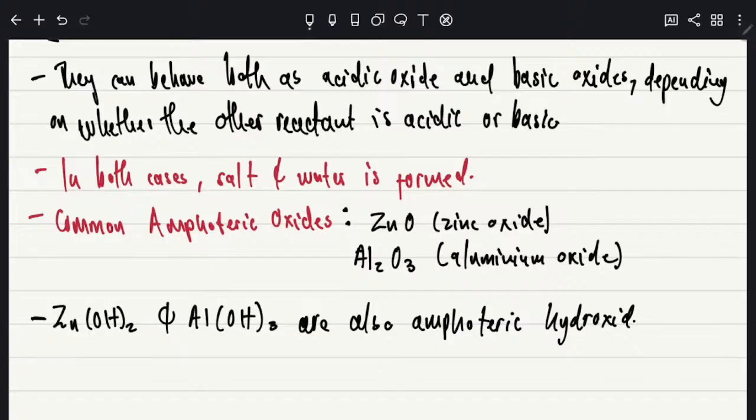Their hydroxides are also amphoteric? Yes. They can behave as a base? Yes. And as an acid? Yes. That's a lot, but you have to know these ones, the oxides. They can behave as a base or as an acid.